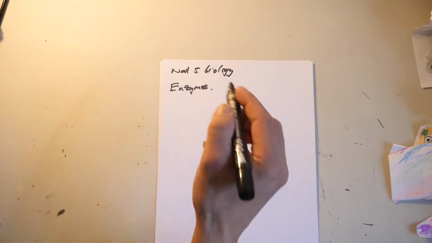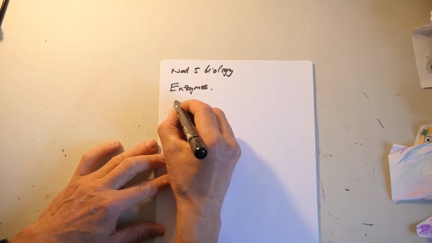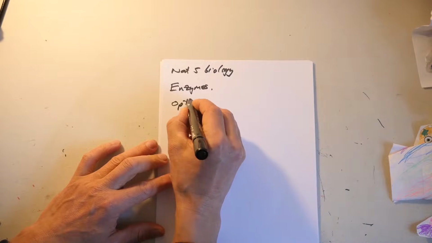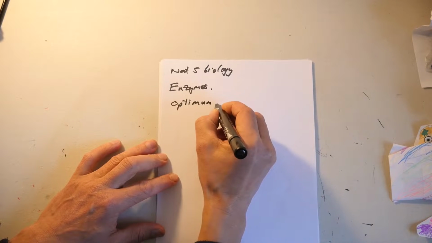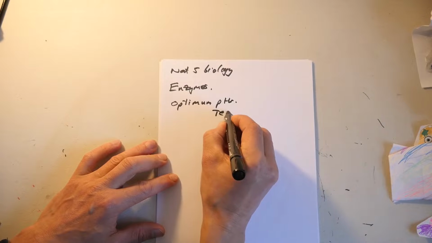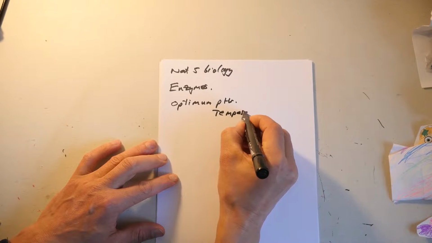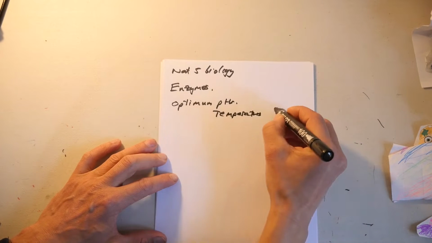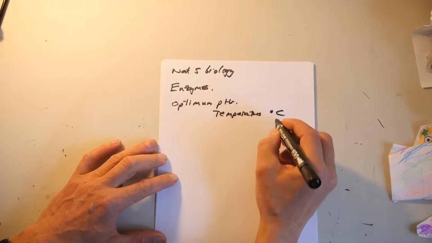Okay, so enzymes, they have optimum pHs, plus temperatures. Normally measured in degrees centigrade.